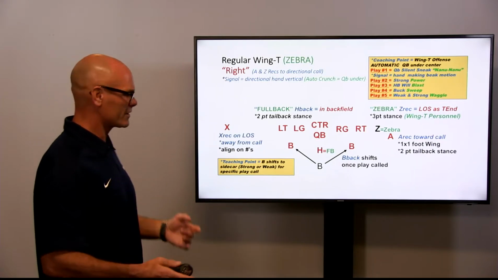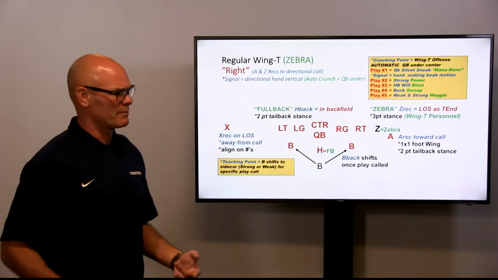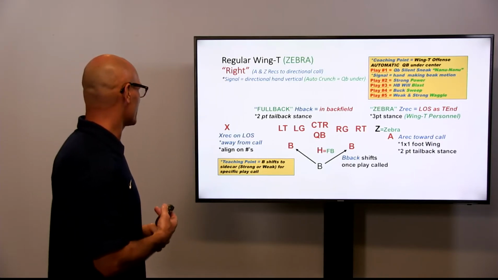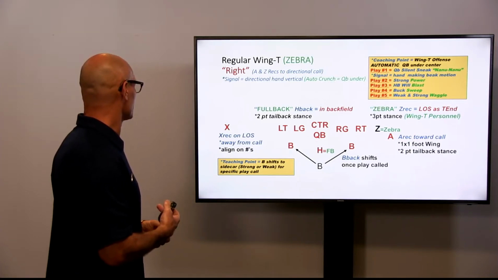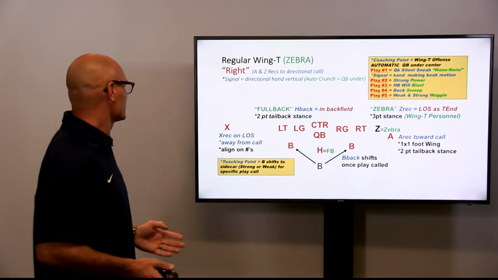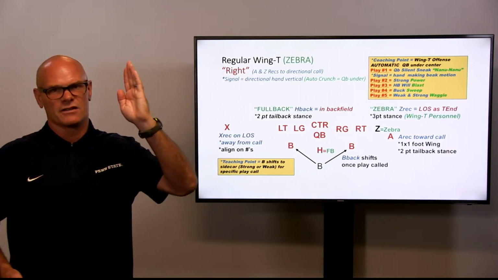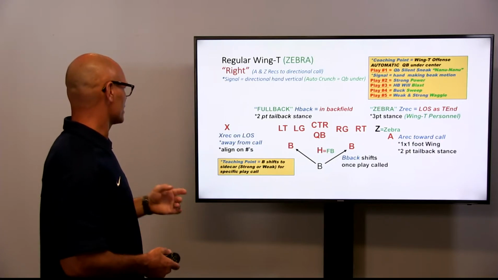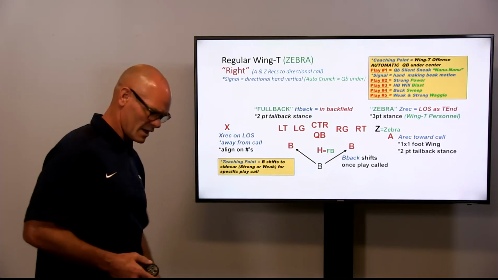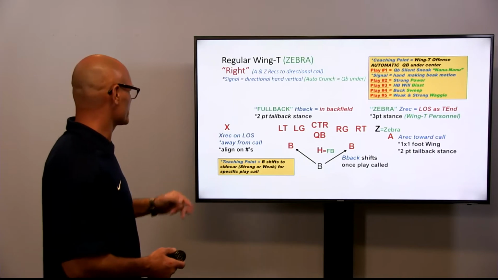If we want to get into a wing T look, which a lot of our principles are based off of some wing T concepts, then we simply go to what we call our zebra, or just call it right and left. Now the hand is vertical, okay? With this, now the H lines up in the backfield as a full traditional fullback.